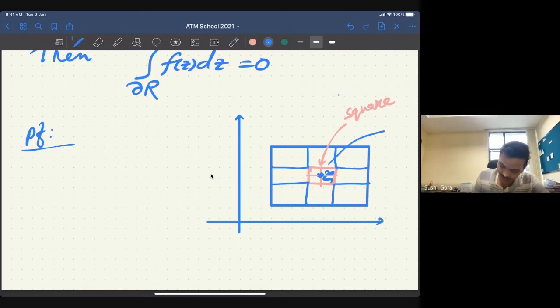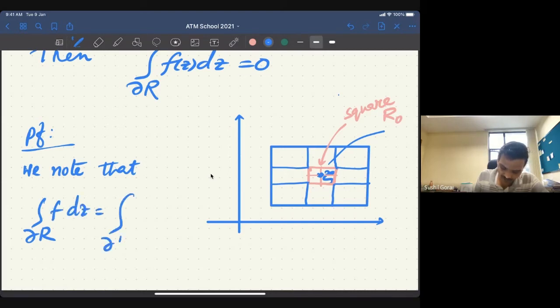Call this square R naught. Note that the integral over del R of f dz is nothing but the integral over del R naught of f dz. The other rectangles do not matter.